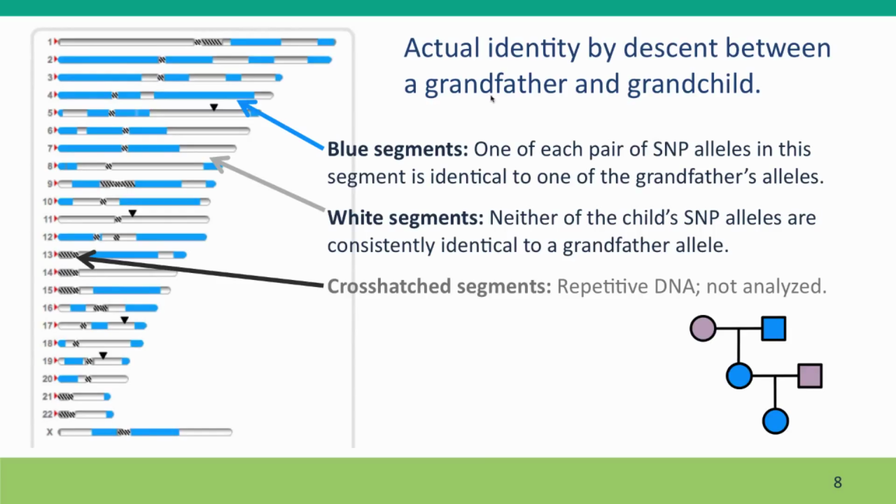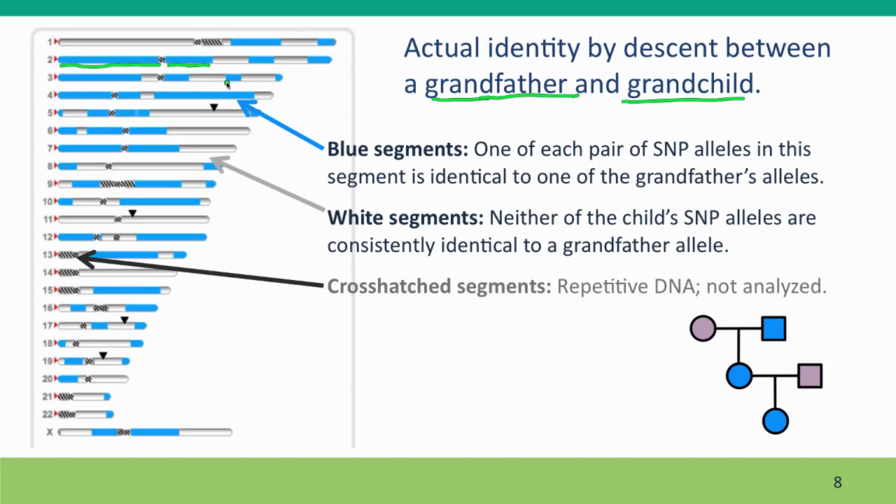Now let's look at a comparison between a grandfather and a grandchild. This is 2 generations. Now our clean blue lines are broken up into segments. So there are segments of the child's chromosome that are identical to segments of the grandfather's chromosome.